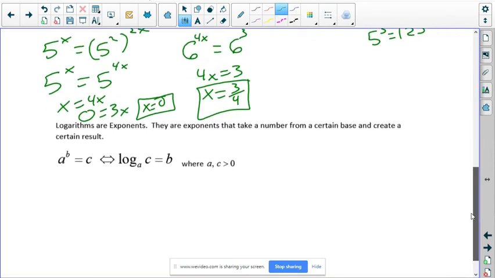They take a number from a certain base to create a certain result. For example, if you have a to the power of b equals c, that also means log base a of c is b. Well, this is exponential form, and this is logarithmic form.